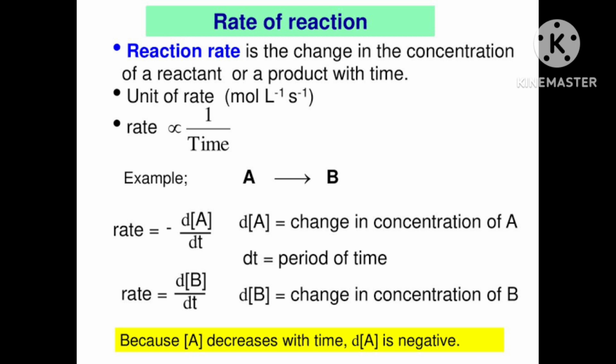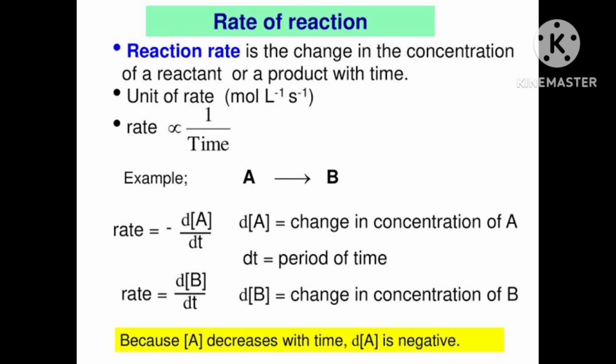It is also called rate constant or rate expression. Three terms are there, all have the same meaning: rate law, also called rate constant or rate expression.